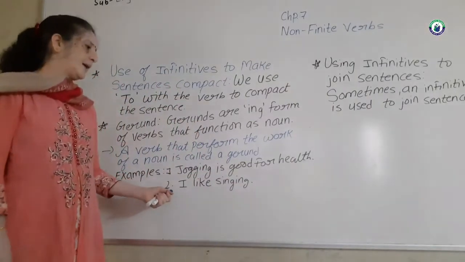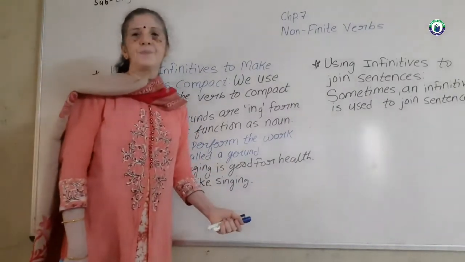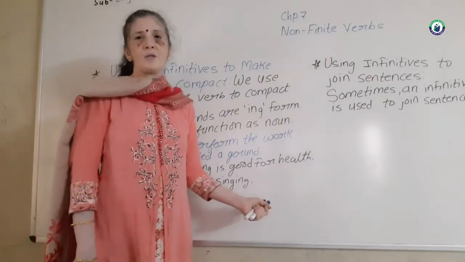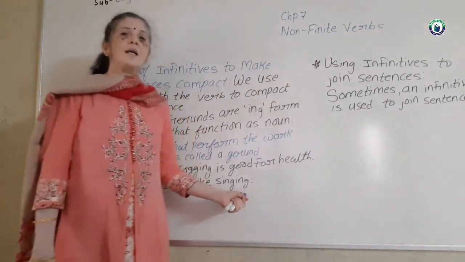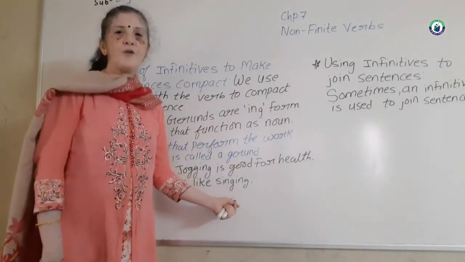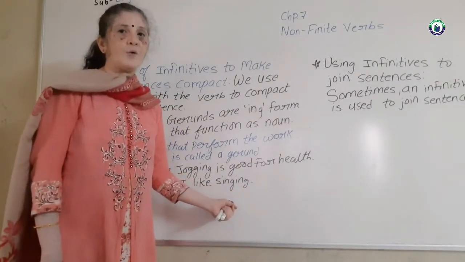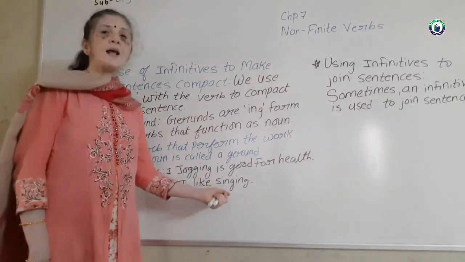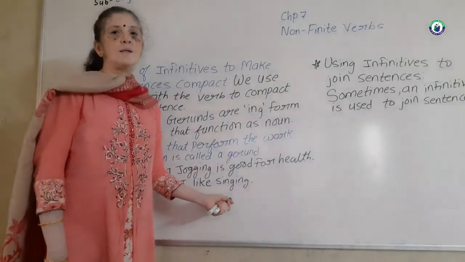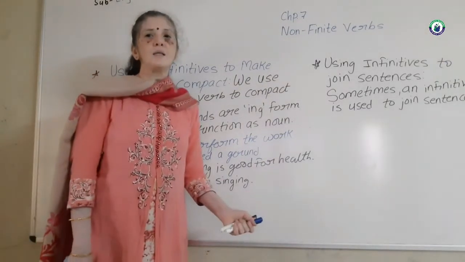Next example, I like singing. See, singing is the verb with ing. Here it acts like a noun. It is performing the action of noun. Here it is written as object of the verb like. So here singing is called gerund.